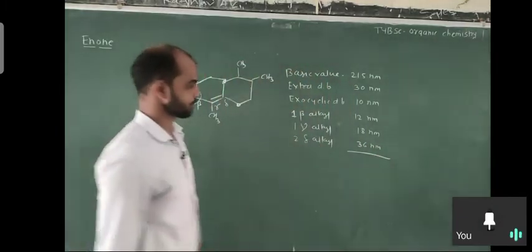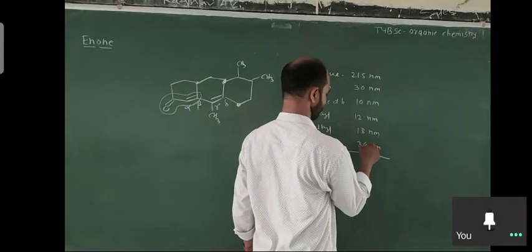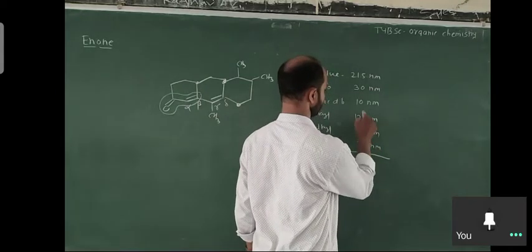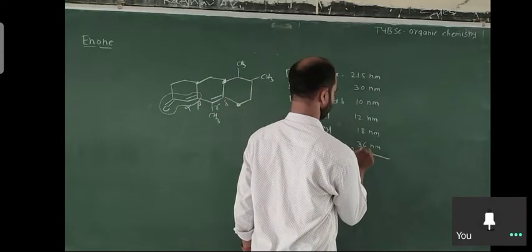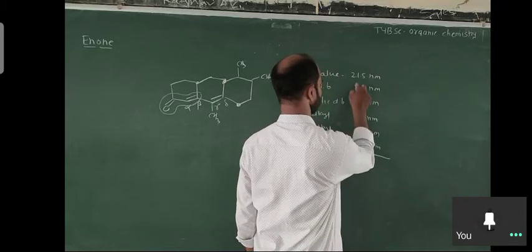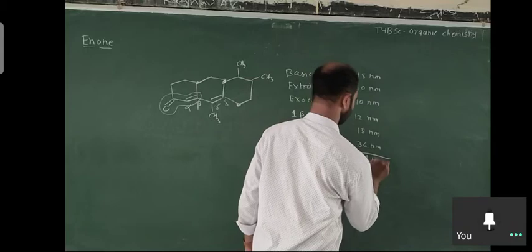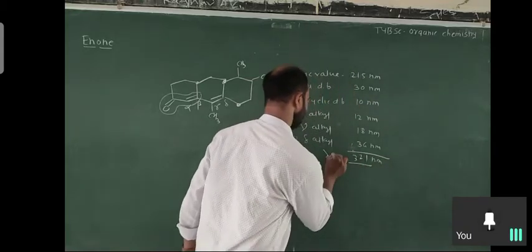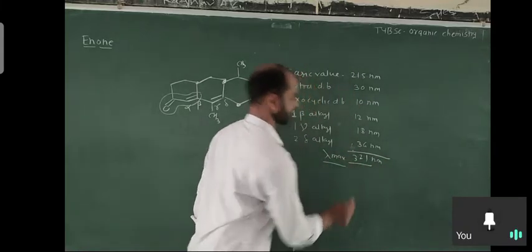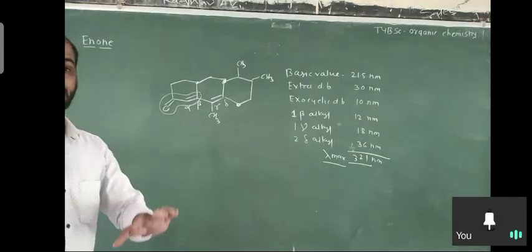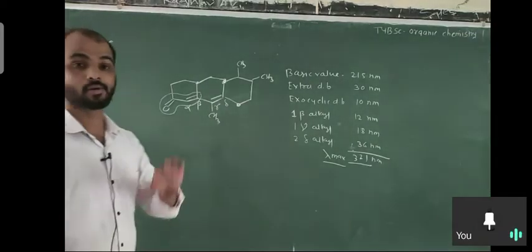Okay, so total is 321 nanometer. 321 nanometer is the lambda max.